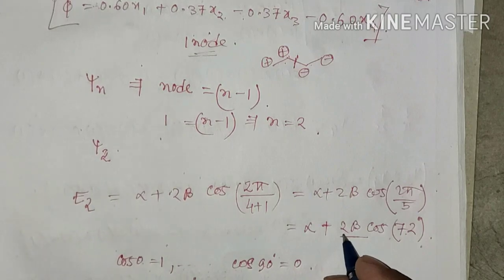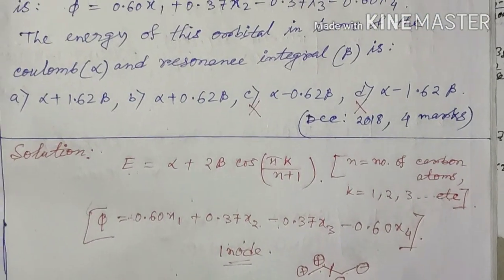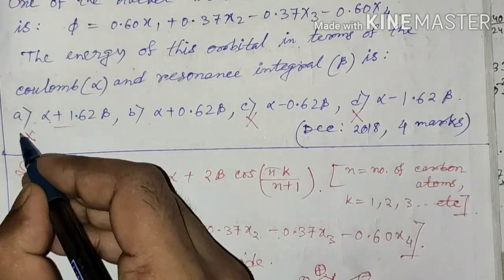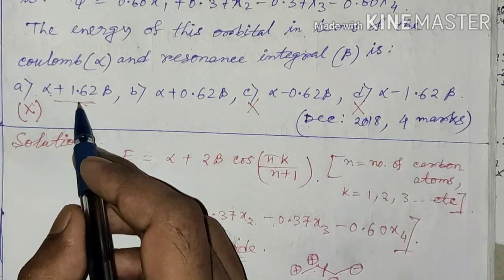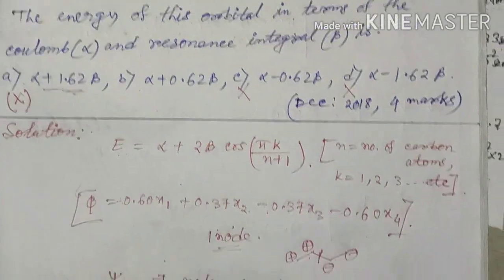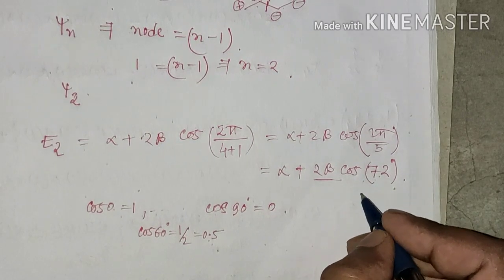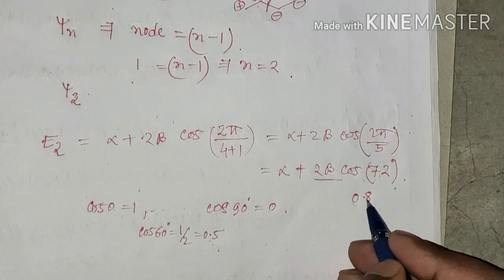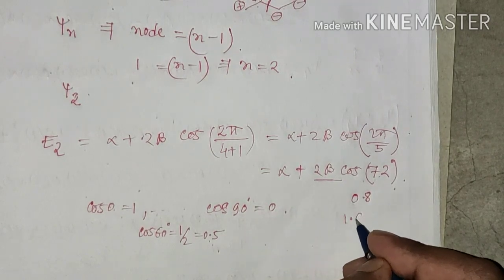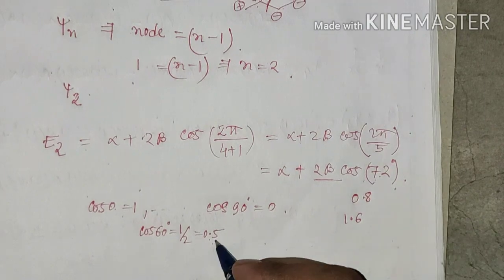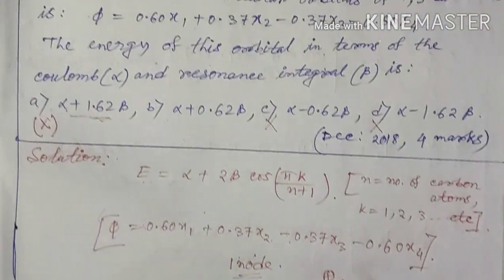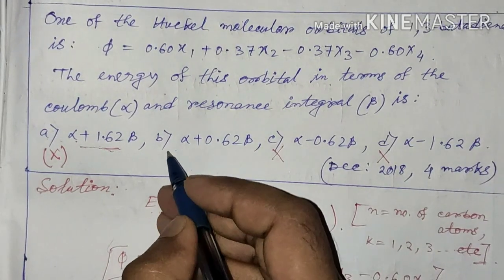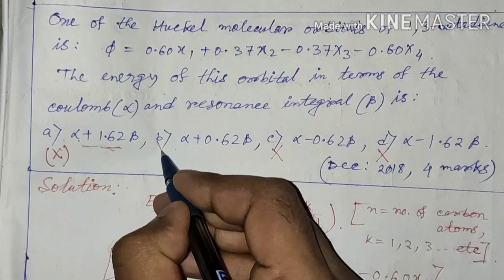If it is multiplied by 2 it cannot overcome 1, so option A cannot be possible. To fulfill this 1.62 factor, the cos 72 value must be 0.8, and then if we multiply it by 2 it will be 1.6. Since the value of cos 72 is less than 0.5, it may be 0.4 or 0.35 or 0.3, so option A is the correct answer.